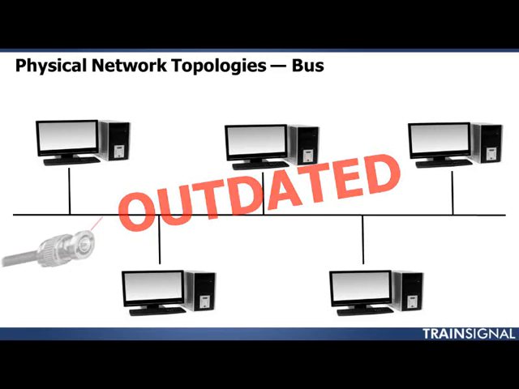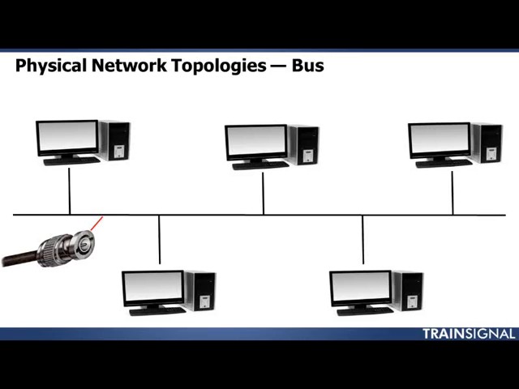We usually use coaxial cable, and as you learned in the cabling lesson, you don't see coaxial cable used too much anymore. So here on the screen, I've shown you an illustration of a thinnet coaxial cable, which was a very common cable used in a local bus network.